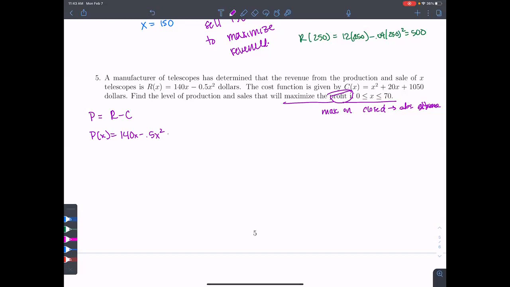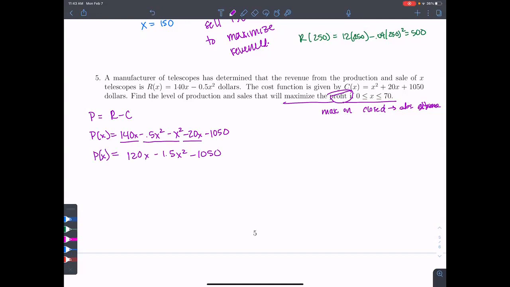I'm going to distribute a negative to those things. So minus x squared minus 20x minus 1050. Combining like terms there, 140 and minus 20 would be 120x. 0.5 minus 1 would be 1.5. And then minus 1050 still. So this is your profit function.